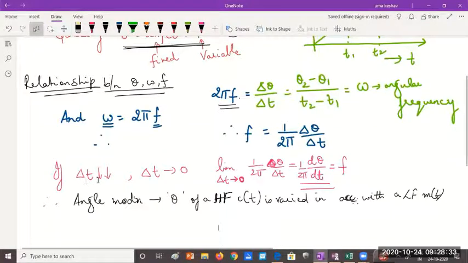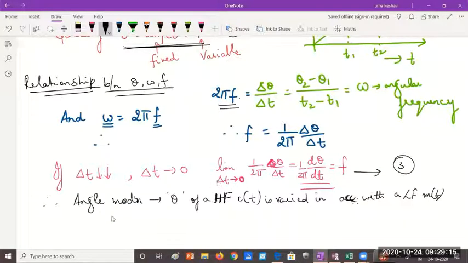And if delta t is very small and tends to 0, then taking limits as delta t tends to 0, we get f as 1 by 2 pi d theta by dt. So f is defined as 1 by 2 pi d theta by dt. This is the alternate form for relating f with theta.